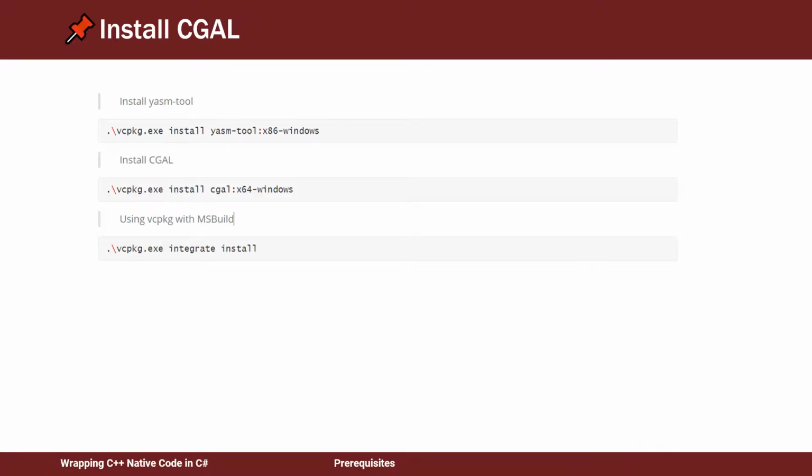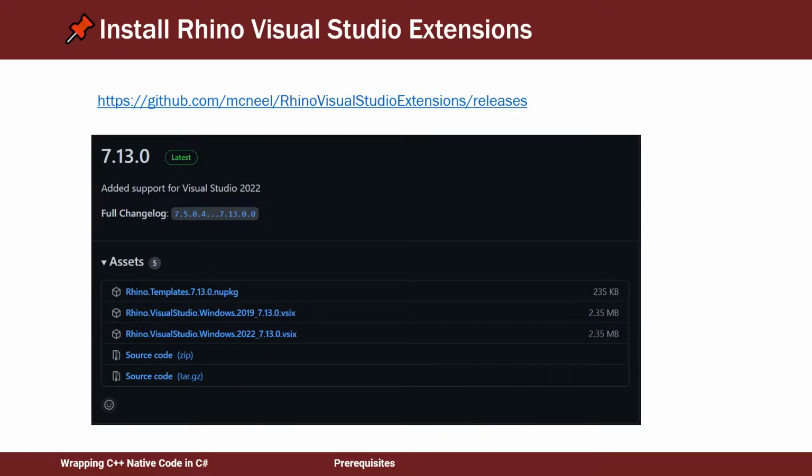With vcpkg installed, the CGAL library dependency can be easily solved. You can follow the instructions here. The final tool you have to install is the Visual Studio extension for Rhino and Grasshopper. You can choose the template in light of your Visual Studio version. That's all the things you have to install.